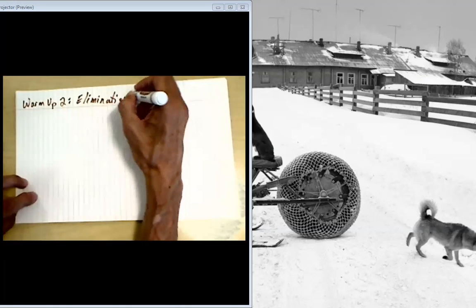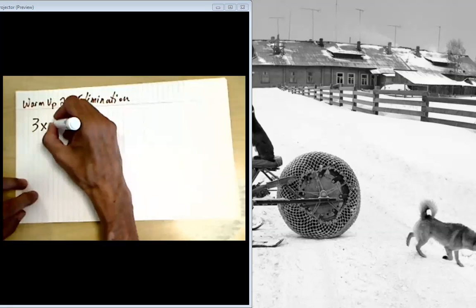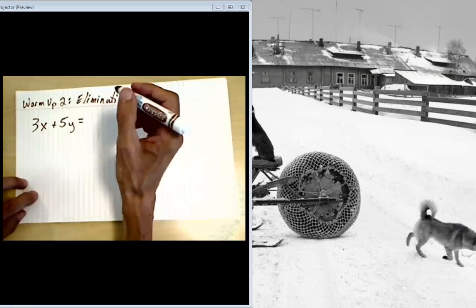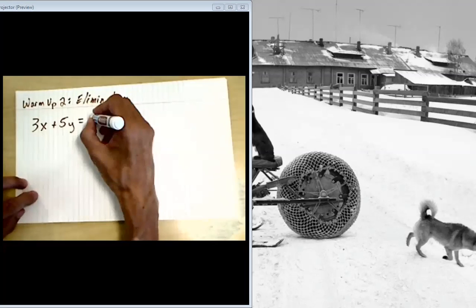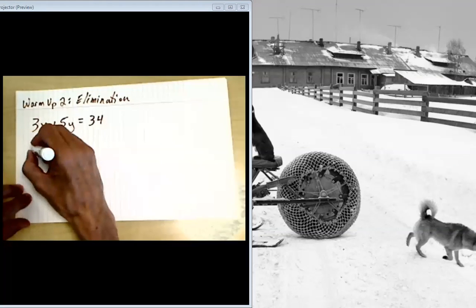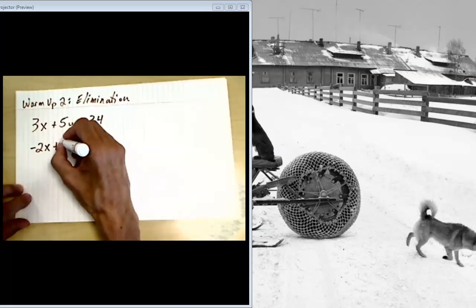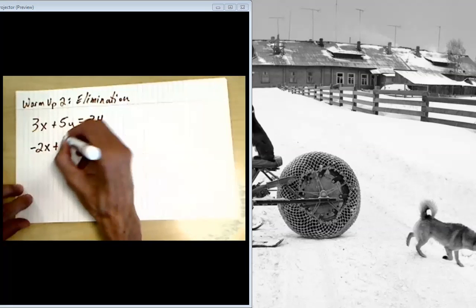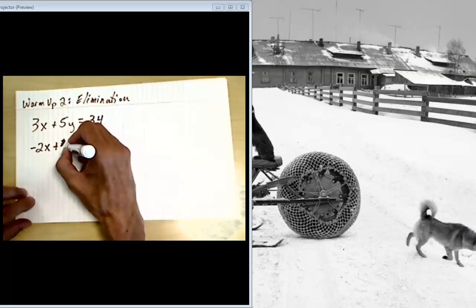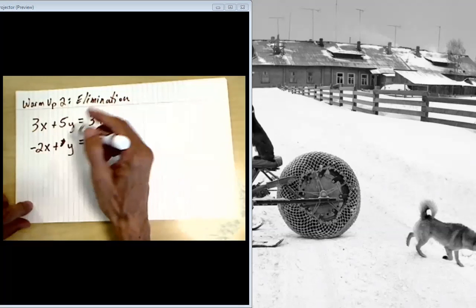So the question we're going to have is something like this. 3x plus 5y is equal to 34, and then minus 2x plus 3y, oh no, minus x plus y only, is equal to minus 1.